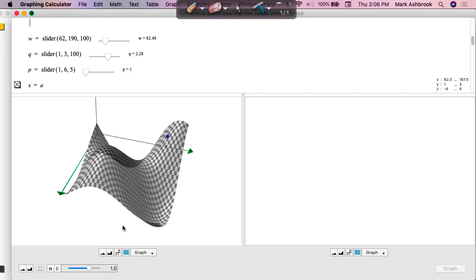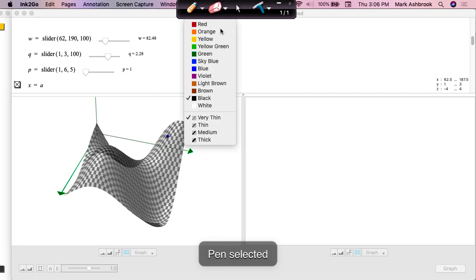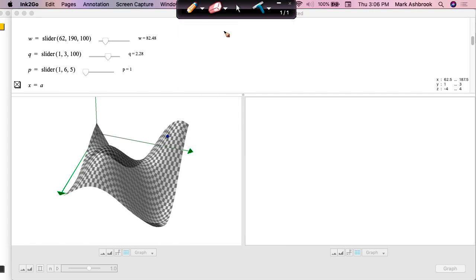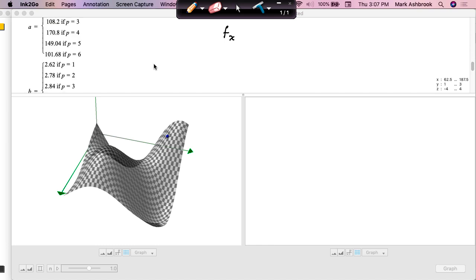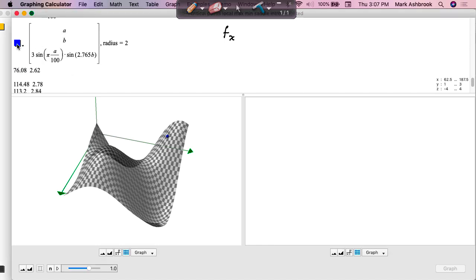Okay, so I want to go back to focusing on the partial derivatives with respect to x and y for a second here. Does that blue point show up? Not very well. Maybe red is better. Does that show up better?